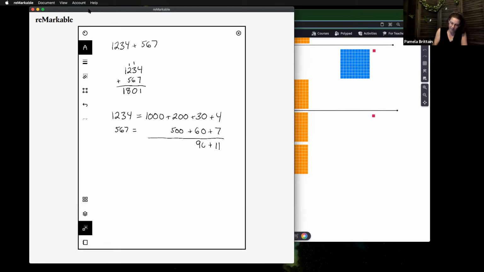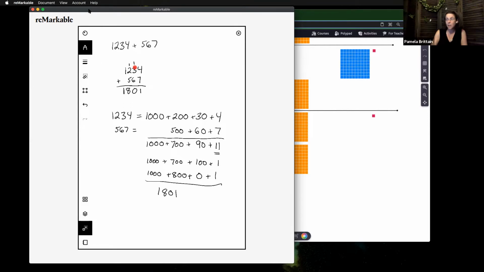This gives us 90, 700, 1,000, but we take this and we make this into a 1. We add our 10 here to give us 100. And again, we go 1,000 plus we now have 800s plus 0 tens plus 1, or 1,801.